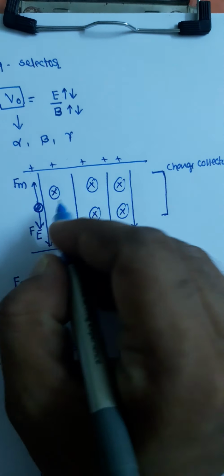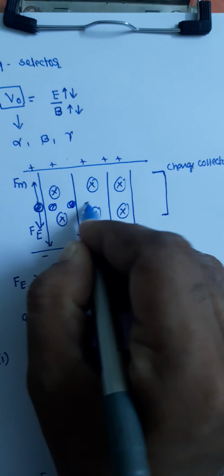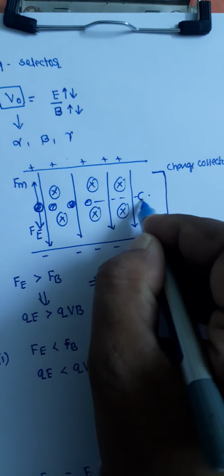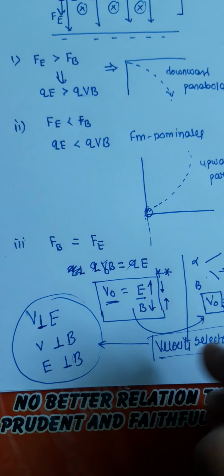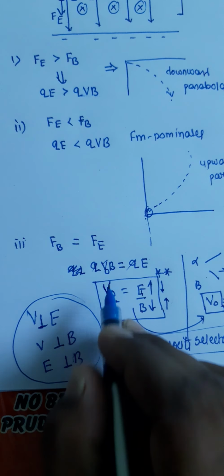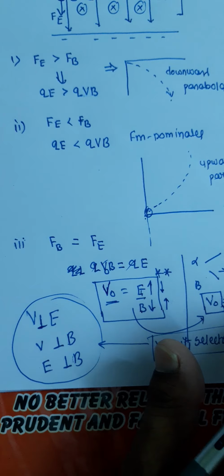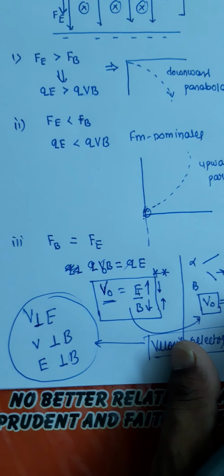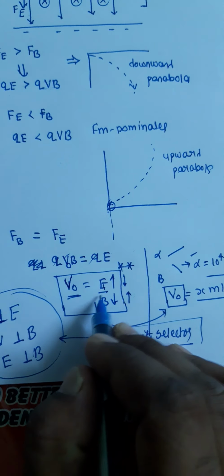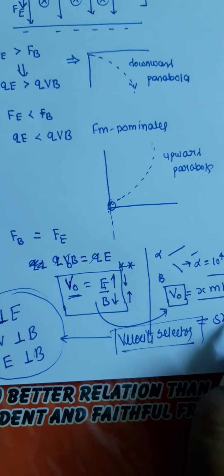The particle will come here and finally leave in a straight path. The condition required is that the E by B ratio should be equal to the required velocity of the particle. When this is balanced, the path will be a straight line.